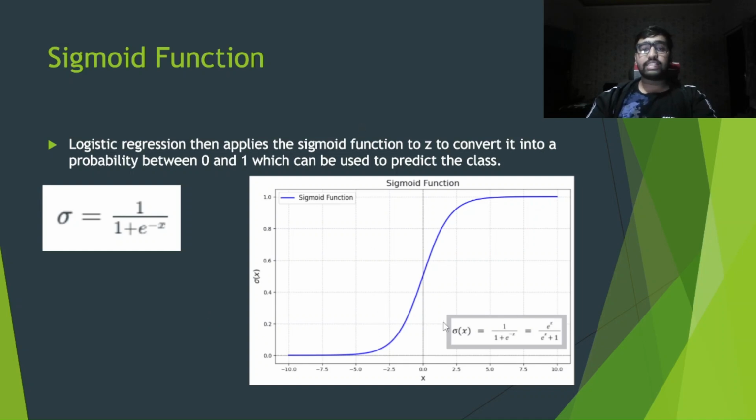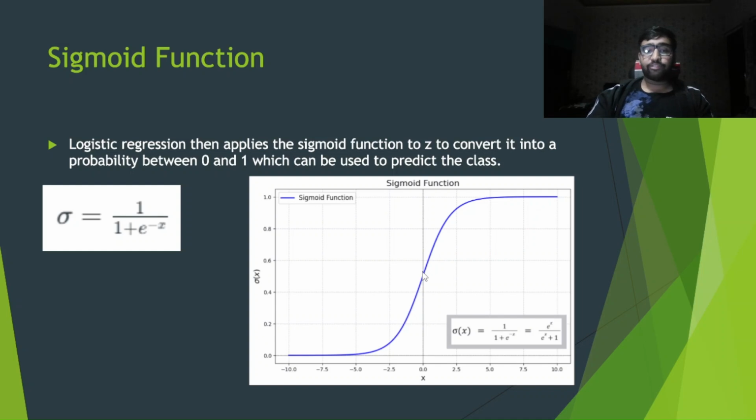So what we do here is we consider a threshold, which is generally 0.5, but the value of the threshold can be greater or lower than 0.5. Based on that threshold, we calculate the sigmoid function for each and every data point, and depending on whether the value calculated for a particular data point is greater or lower than the threshold, we decide which class that data point belongs to.